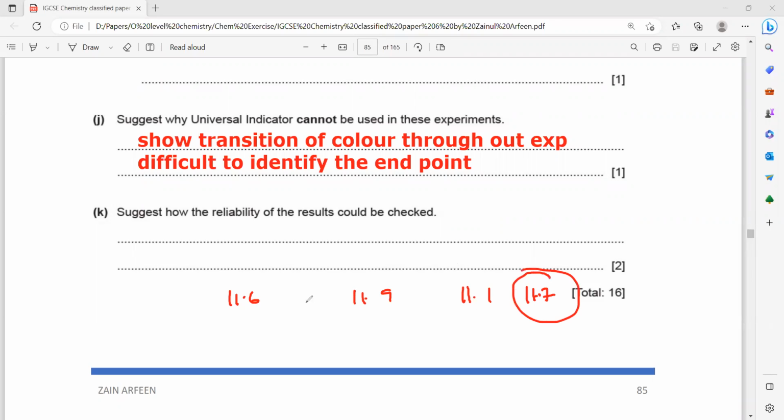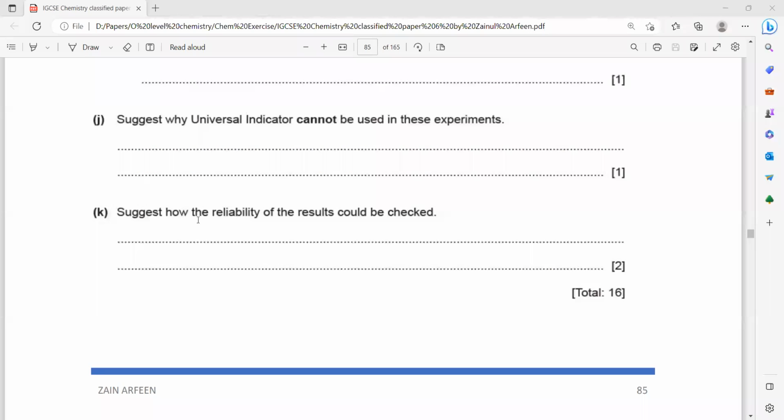So 11.7 and 11.6 are concordant, they are in the range 0.2 more or 0.2 less. Results like these are referred to as concordant results in titration. So we should repeat the experiment. For titration, this is always the case: repeat until the results are concordant.